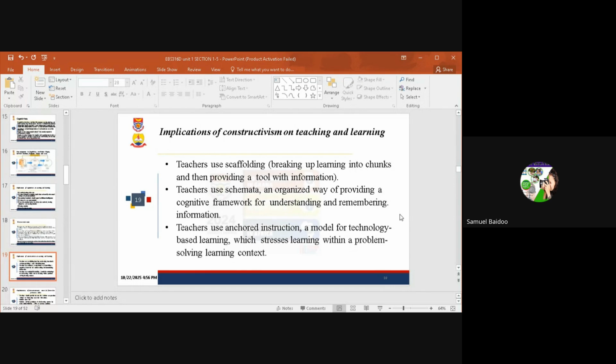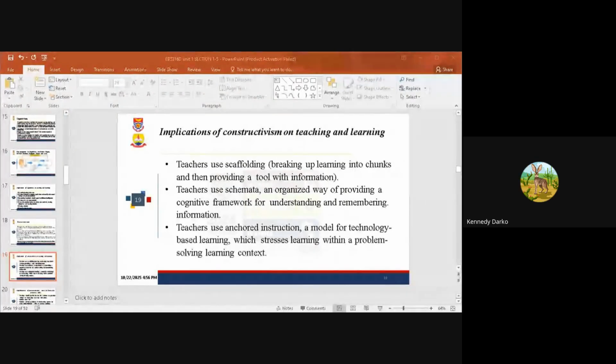The thing is, when you break it into chunks, small pieces, you will use different methods to teach each chunk that you break. Maybe a demonstration, a lecture method, an activity method, based on what fits each chunk.